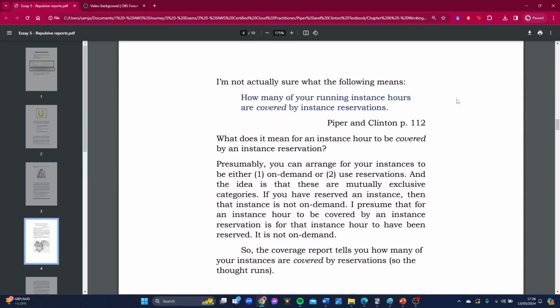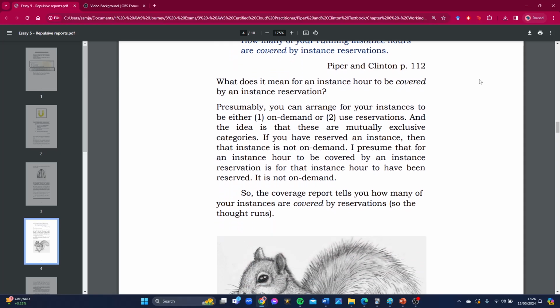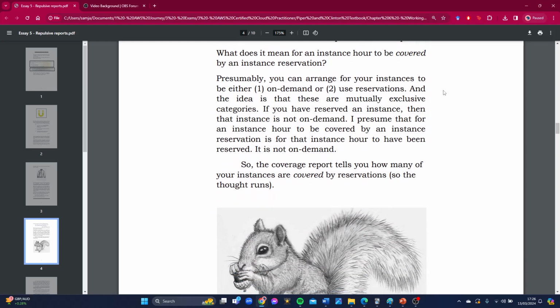I'm not actually sure what the following means. How many of your running instance hours are covered by instance reservations? What does that even mean? What does it mean for an instance hour to be covered by an instance reservation? Well, presumably you can arrange for your instances to be either on demand or use reservations. And the idea is that these are mutually excluding categories.